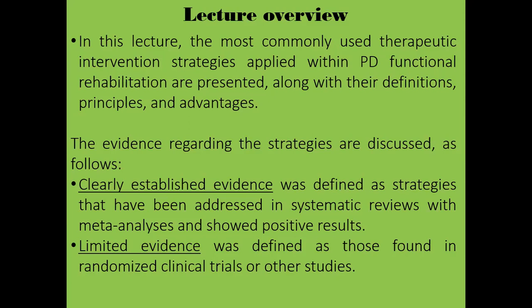The second objective: clearly established evidence was defined that has been addressed in systematic reviews and meta-analyses and showed positive results. There is limited evidence, found in randomized clinical trials or other studies.